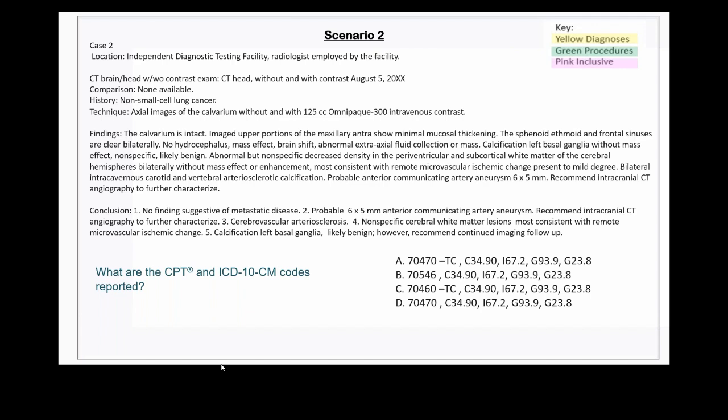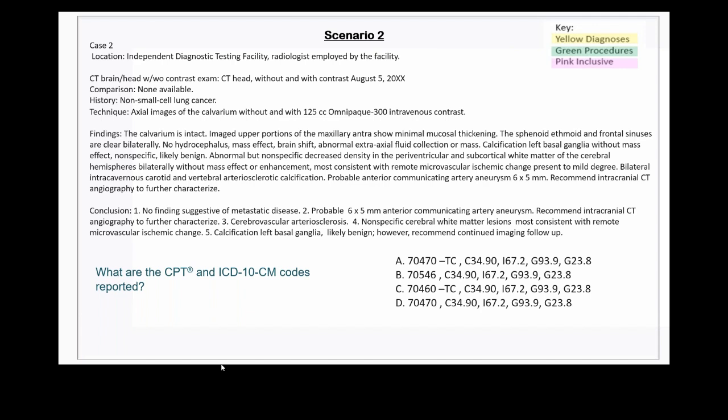Conclusion: number 1, no findings suggestive of metastatic disease. 2, probable 6 by 5 millimeter anterior communicating artery aneurysm. Recommend intracranial CT angiography to further characterize.